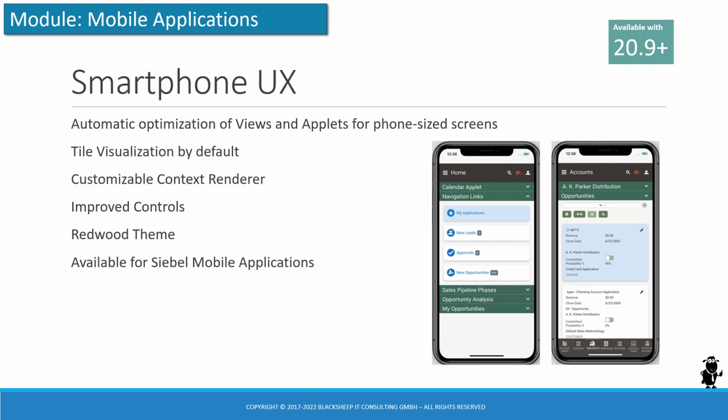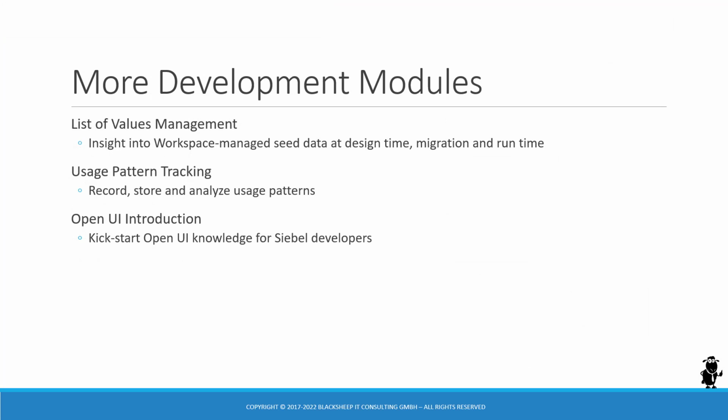Other applications at the time of this recording do not use this theme, and it is available for all Siebel mobile applications. So if Siebel Mobility is one of your topics in your project, make sure you check out the mobile applications chapter.